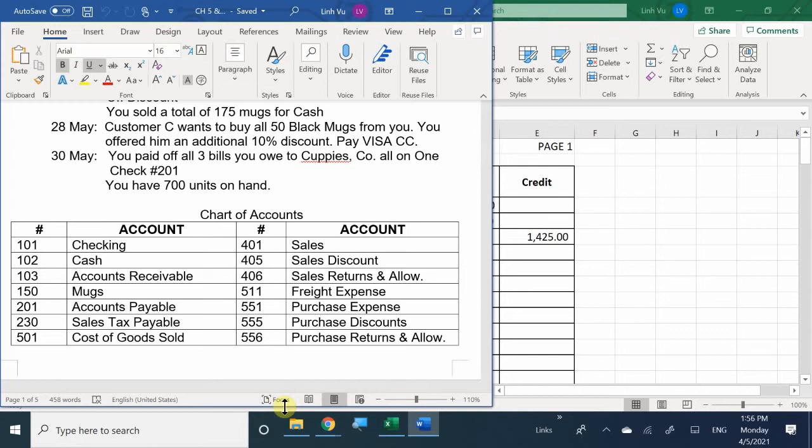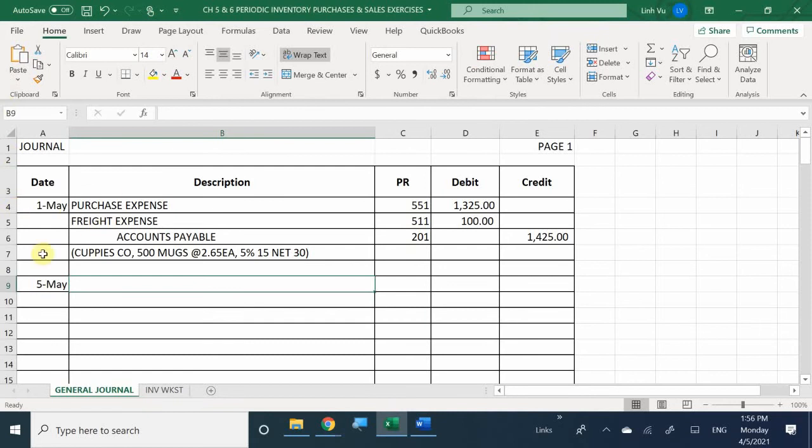So in this case, we need to lower our accounts payable. We have to lower what we owe Cuppies Co because we're getting a refund. So we are going to be debiting our liabilities because we're decreasing the amount that we owe.